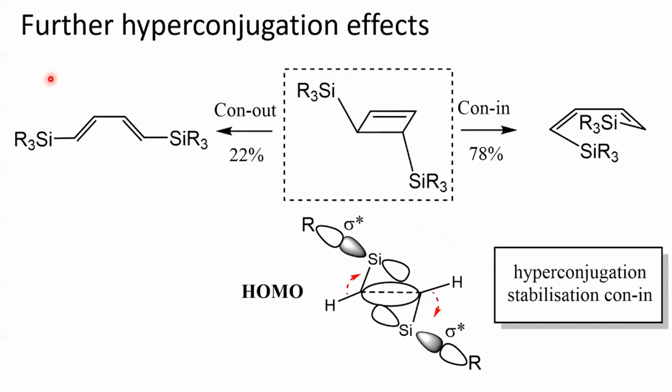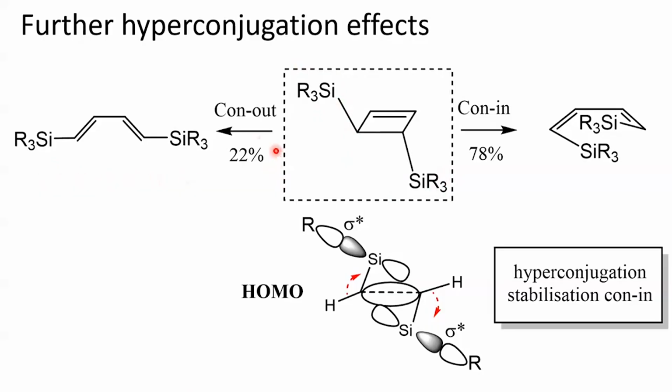Just before we finish, it's worth considering one other hyperconjugation effect, just to show how much influence torquoselectivity can actually have. So if we consider this starting material here, where we've got two very bulky silyl groups on the outermost orbital positions, if we were just looking at this molecule, because of their steric bulk, we would almost certainly guess that it's going to form this con-out pathway.